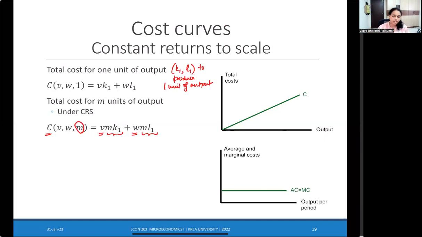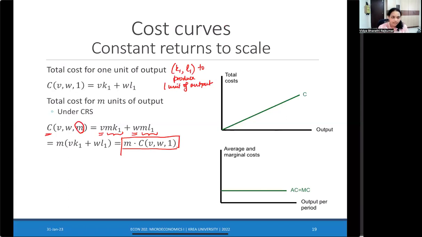If we simplify this expression, it turns out the cost of producing M units of output is just M times the cost of producing 1 unit of output, which makes sense because this is a CRS production function.